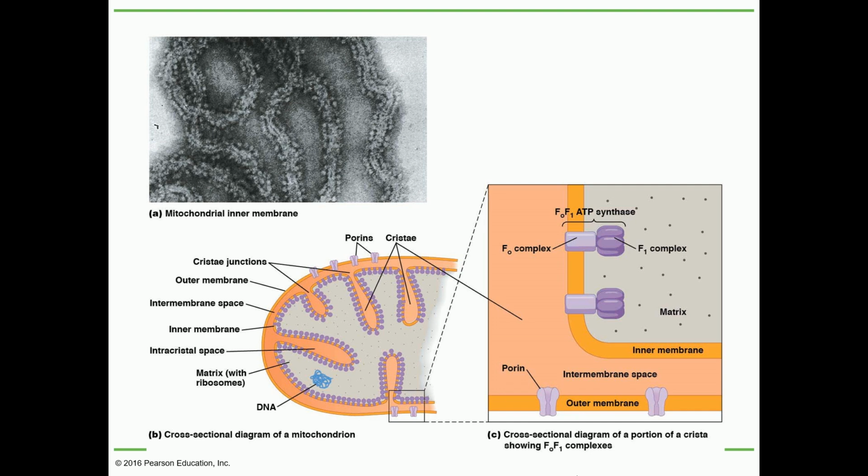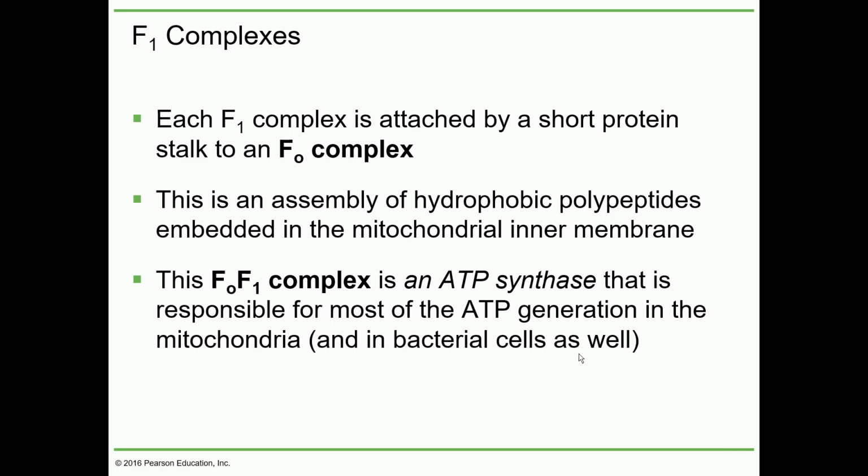So this is the ATP synthase. It's made of two subunits, FO and F1, and we're going to talk about them in detail. The F1 complex is attached by a short protein stalk to the FO complex. So the FO and F1 complex is an ATP synthase that is responsible for most ATP generation in the mitochondria.